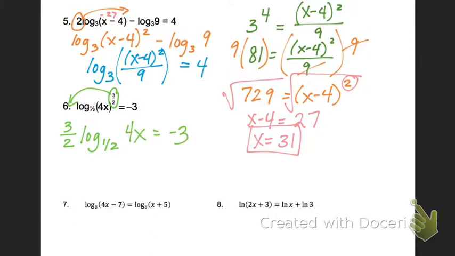Then I can get rid of that power. So how would I get rid of this 3/2 on the left and move it to the right? Divided by 3 over 2, what could I multiply by? 2 over 3.